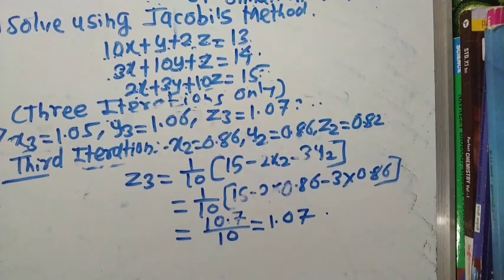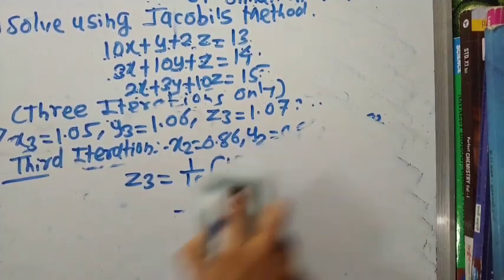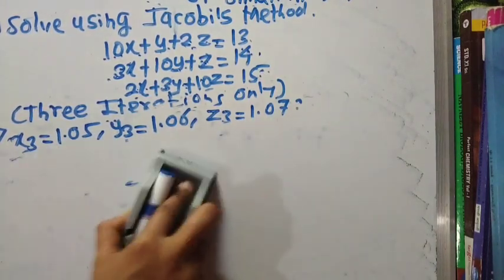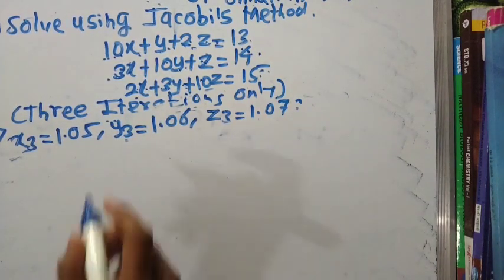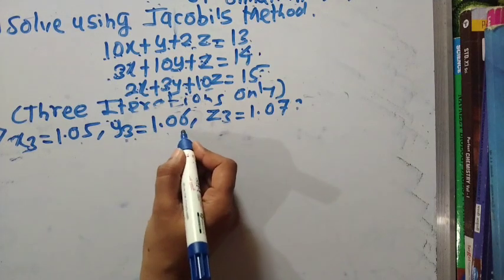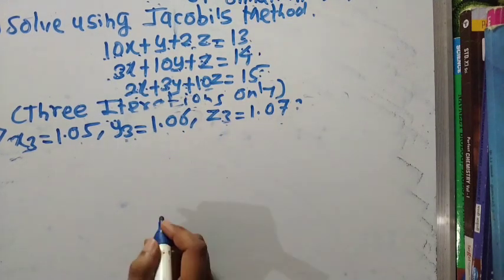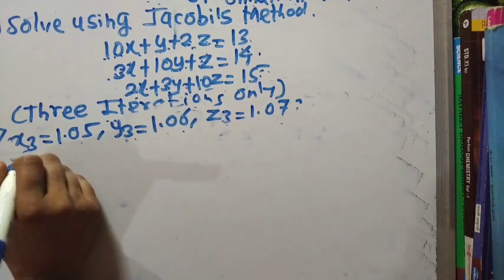So after the third iteration, x3 is equal to 1.05, y3 is equal to 1.06, and z3 is equal to 1.07.